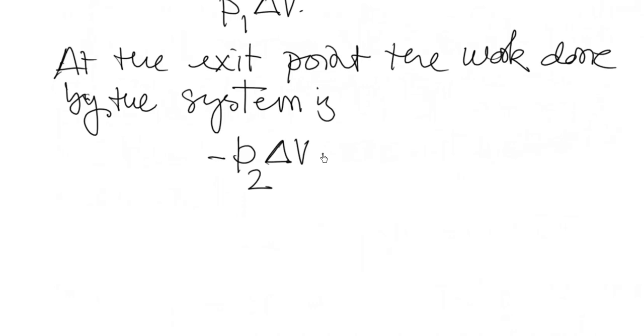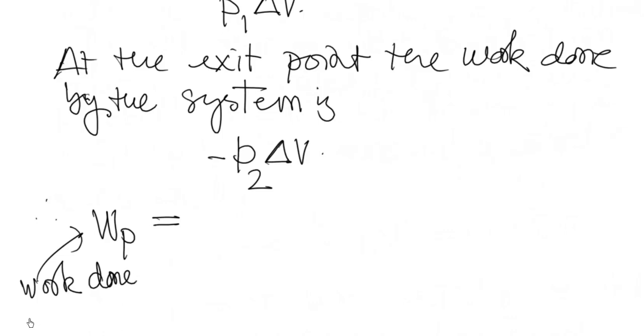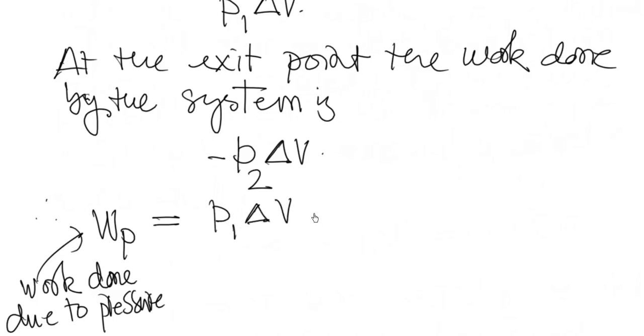And therefore the work done by the pressure is then, we have to add these two, P1 delta V minus P2 delta V. Okay, this is equation 4.